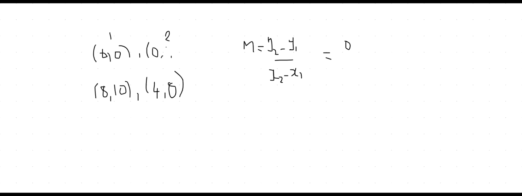Okay, so y2 is 12. y1 is 0 over x2 is 0, x1 is 6.